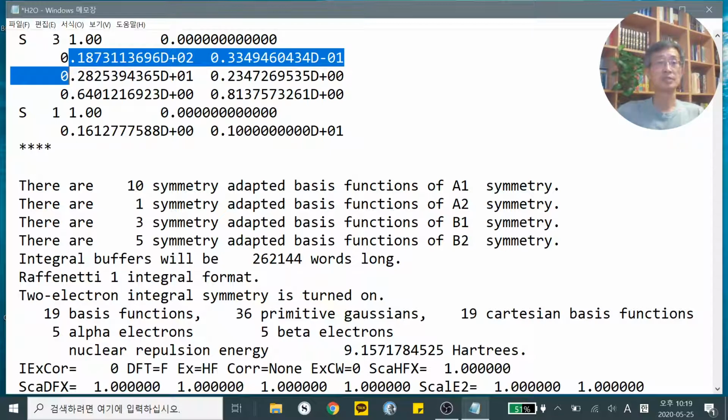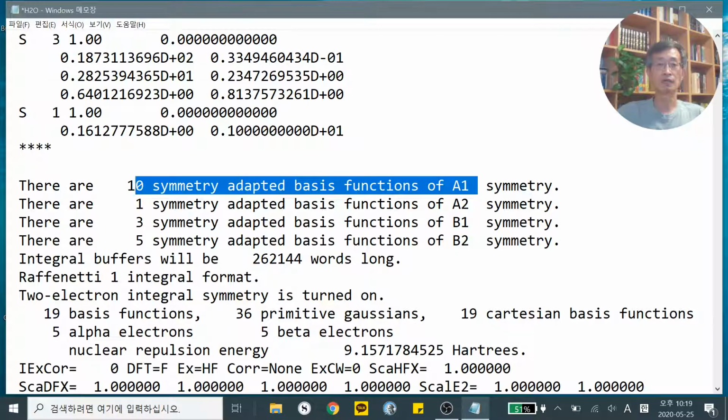Based on this, there are 19 functions. Then it says there are 10 A1 functions, 1 A2 function, 3 B1 functions. These come from the symmetry: totally symmetric and anti-symmetric against the rotation, and symmetric against the plane and anti-symmetric against the plane.